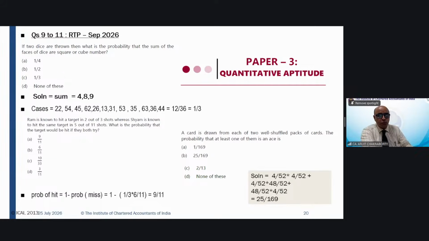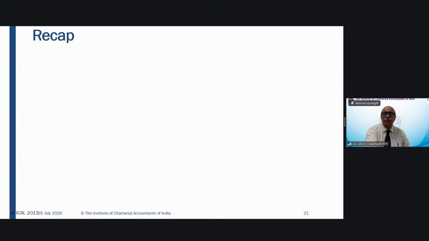So therefore the last scenario is 48 by 52 into 4 by 52. If you just complete the calculation, it will work out to 25 by 169, which gives us the required probability. This is definitely interesting, and it's like a mathematical challenge, but it helps you prepare better for the exam.